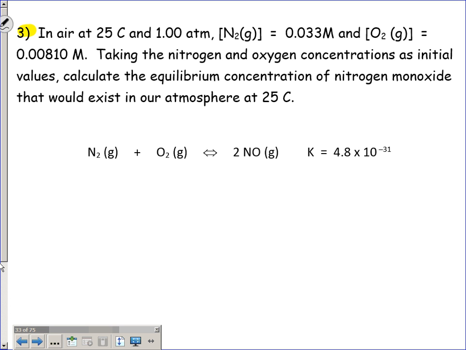As far as you can. What have you guys done so far? Set up an ICE box and then what? I hear you say plug in what? Initial concentrations and then what?